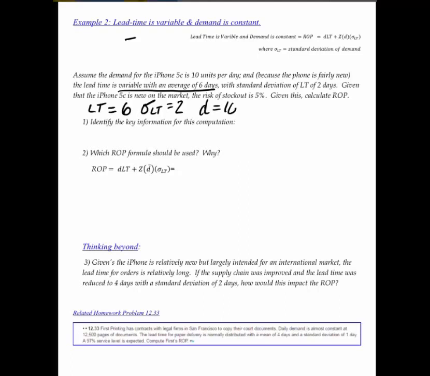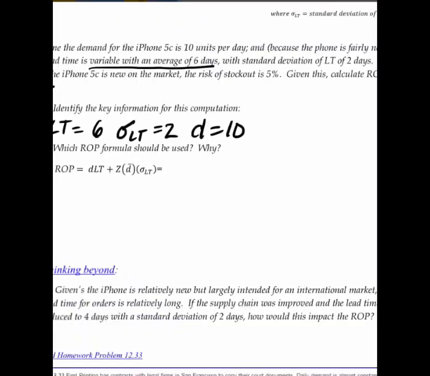And then we can go about putting it right into the ROP formula. For this problem, the ROP formula is similar to the other one, but slightly different because we've got variable lead time and constant demand. But still, ROP will equal our daily demand, which we know is 10, times our lead time, plus our Z value.